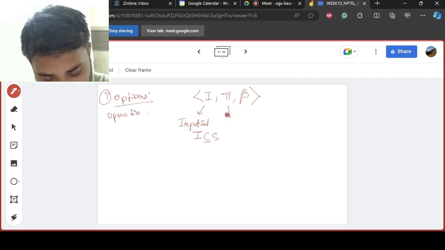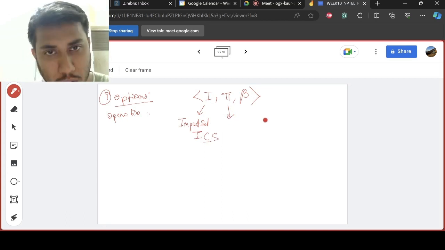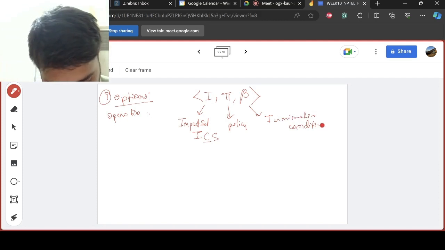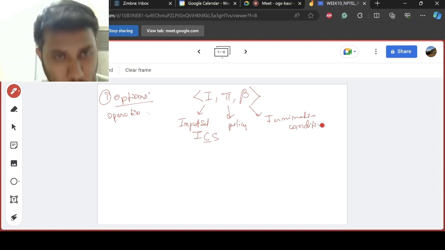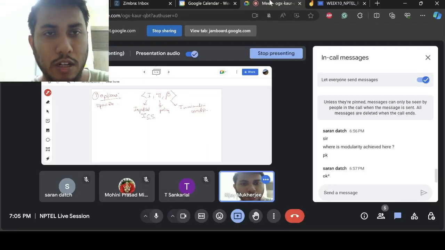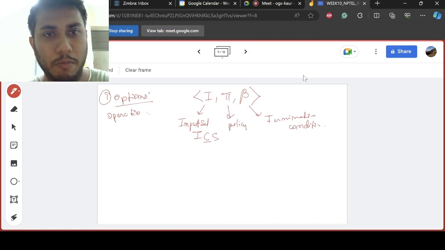This is your policy, and this is your termination condition. So beta is some condition based on which it comes out of a state.